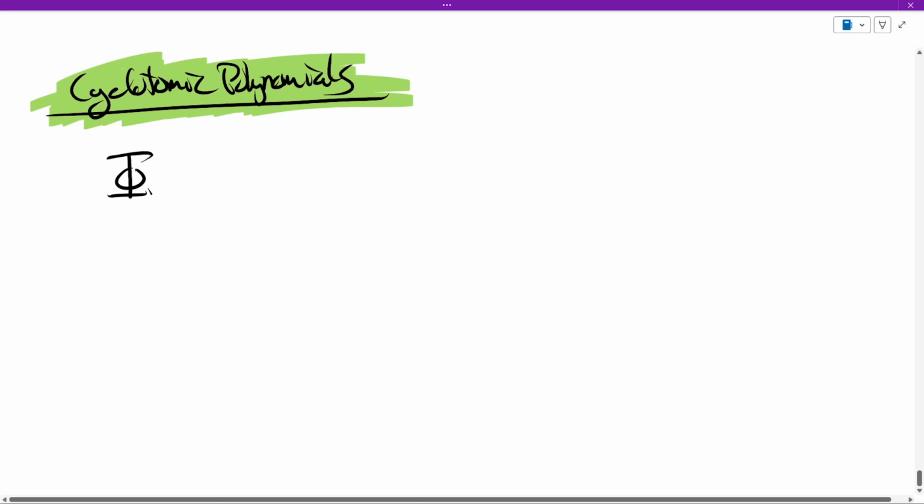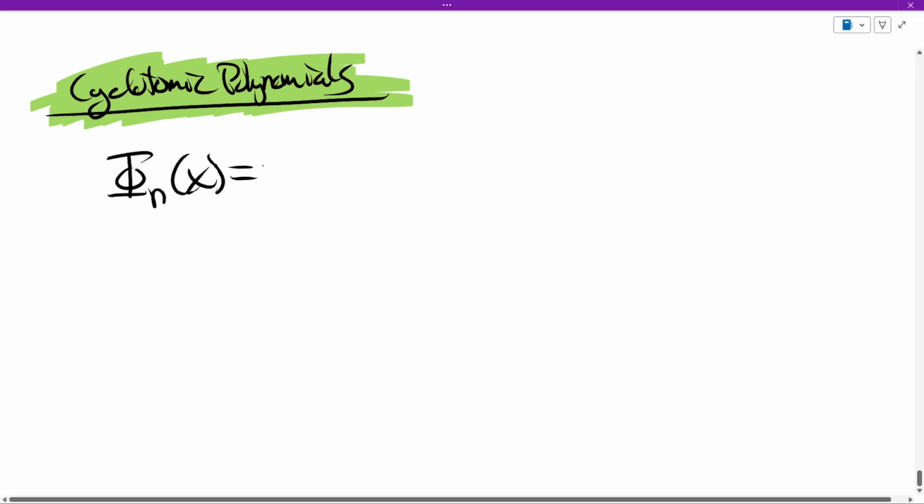We're now going to turn our attention to that question I asked in the Gauss's lemma video on the polynomial t to the 16 plus t to the 15 and so on. And so let's give it a name first. We're going to define what are called cyclotomic polynomials, and the standard notation is this capital phi.